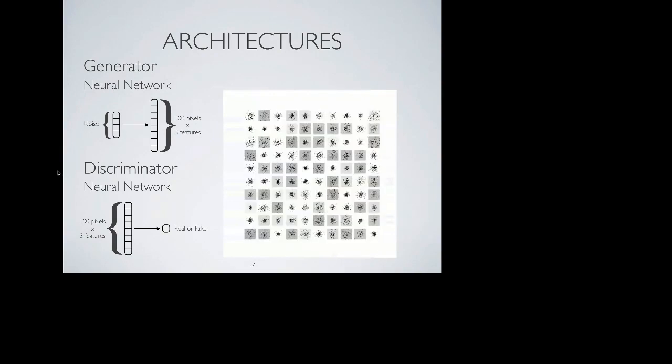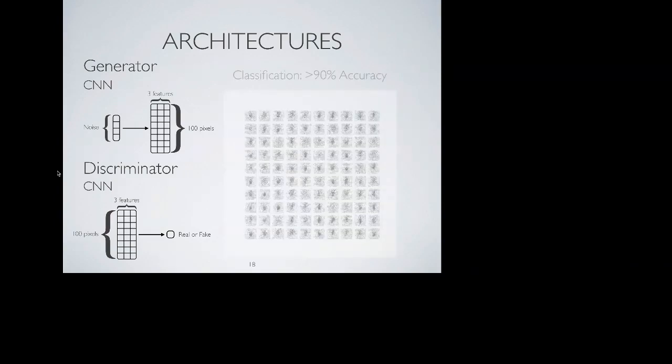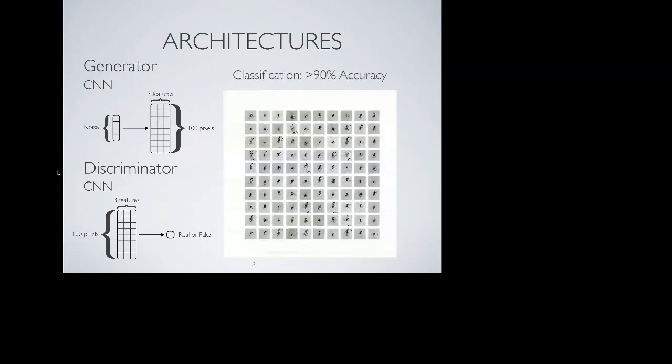So clearly this didn't work. I also tried a CNN just to see how it would go, which again produces the 3 features for each of the 100 pixels, but as a matrix this time. It actually works pretty well as a classifier, where the CNN is trying to identify which digit it is, with over 90% accuracy, but as a generator, again, it was all random noise.